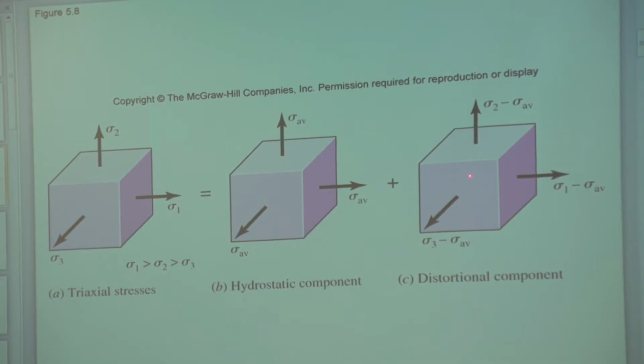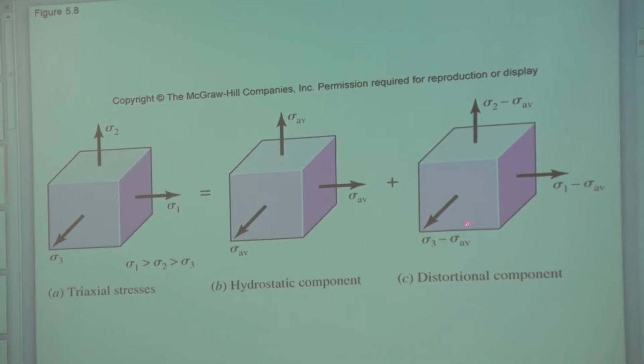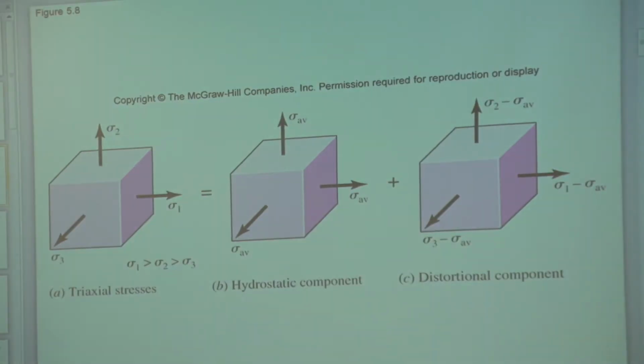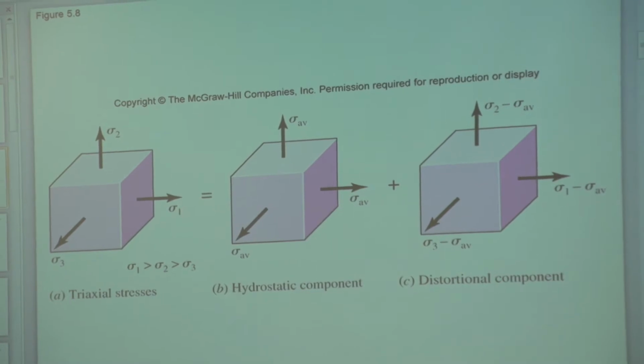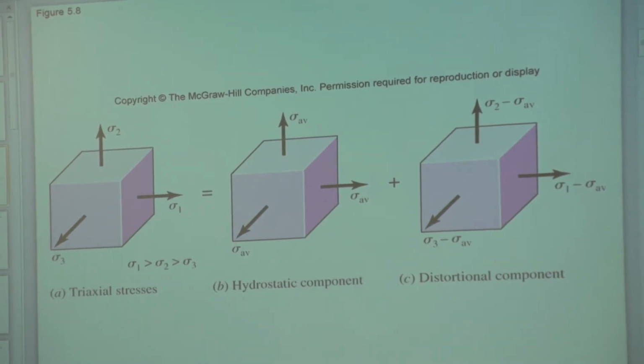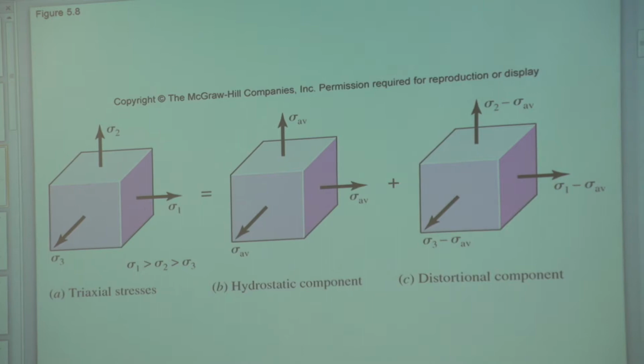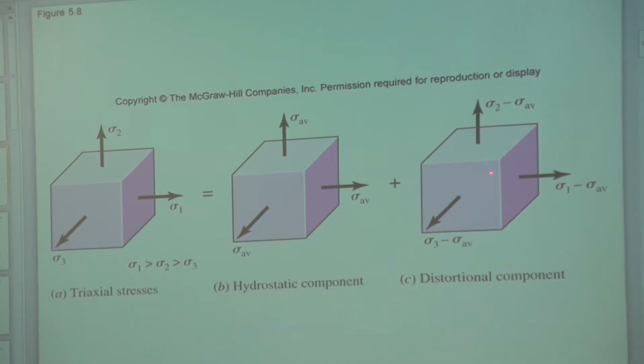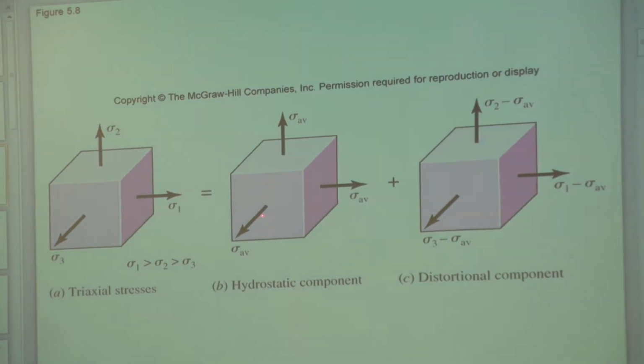The other part, which is the leftover of the initial stress state, causes all of the distortion or shape change. Therefore, what I should be considering is the strain energy density due to that, not that.